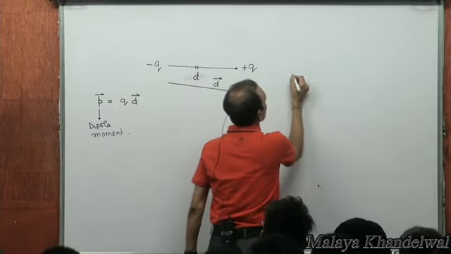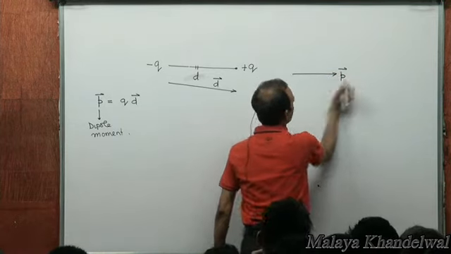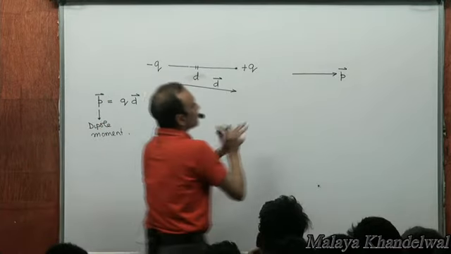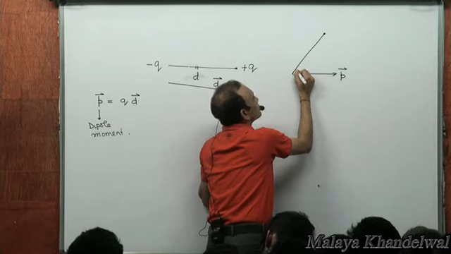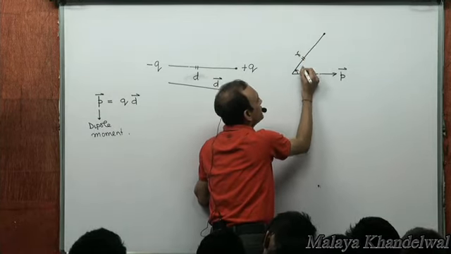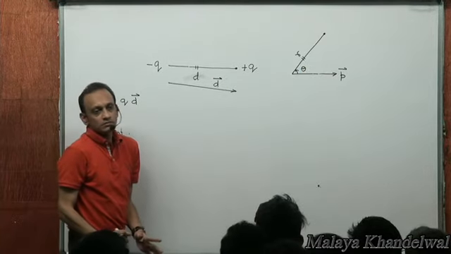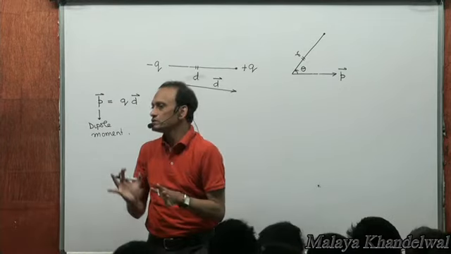If this was the dipole moment vector P, then all of the points in the surroundings were completely characterized with the help of two numbers, r and theta. Any point could be located with respect to the dipole moment vector with an r and theta.